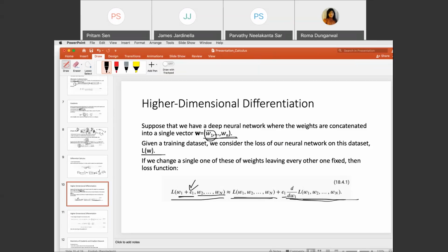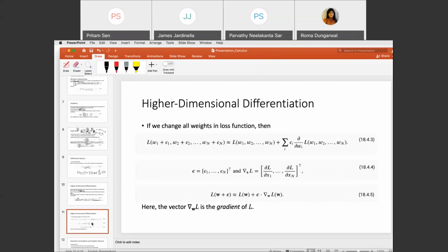Okay, so we may want to change not only W1, we may want to change all other parameters. So if we want to make a change in all parameters, where W1 is increased by some value, W2 is increased by some value, and all parameters are increased by different kinds of small values, in that case we can follow the same rule.